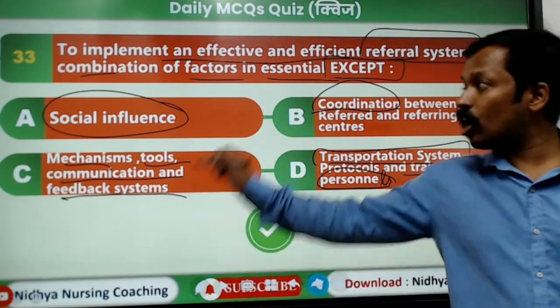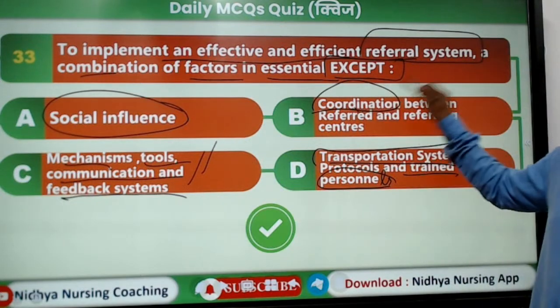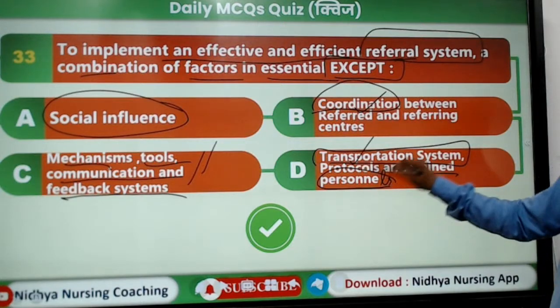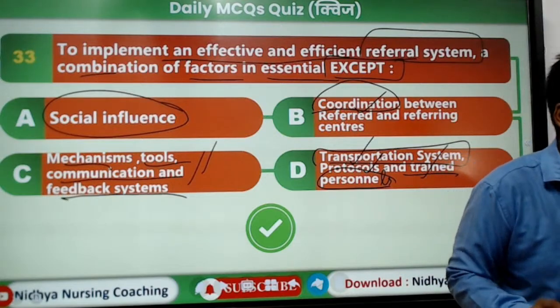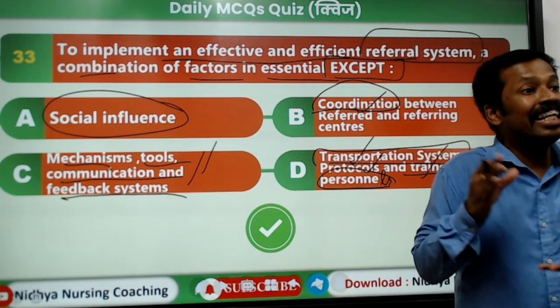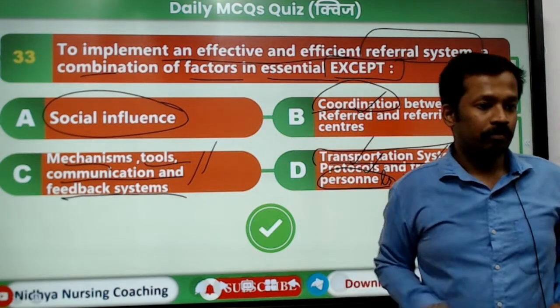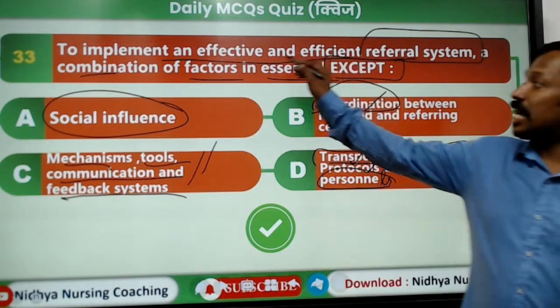So these are all: mechanism, tools, communication, feedback system, coordination between a referred and a referral center, transportation system, protocol, trained personnel, policies. Everything is an inevitable part. Inevitable part means it should be there for a referral system.